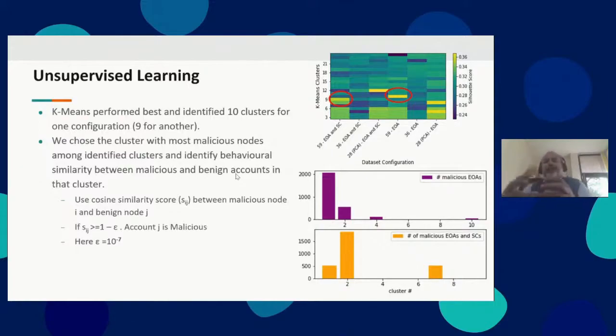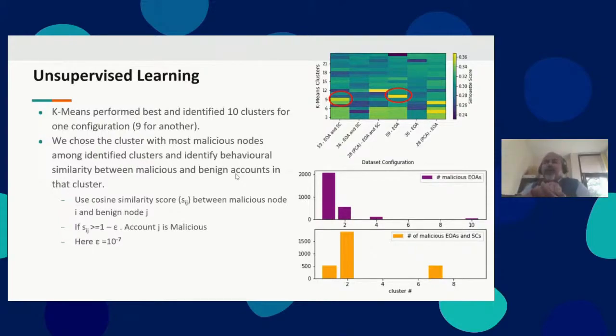So next time, when I get a new account, I look at its history, extract the features, and then see how far it is from the cluster of malicious and how far it is from the cluster of benign. If it is near or inside the cluster of malicious, then we know it is malicious. If it is in the cluster of benign, we know that it is benign.